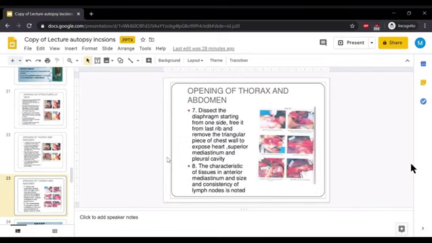Now we will dissect the diaphragm starting from one side; we will free it from the last rib and remove the triangular piece of chest wall to expose the heart, superior mediastinum, and pleural cavity. The characteristics of tissue in the anterior mediastinum and the size and consistency of the lymph nodes are observed.